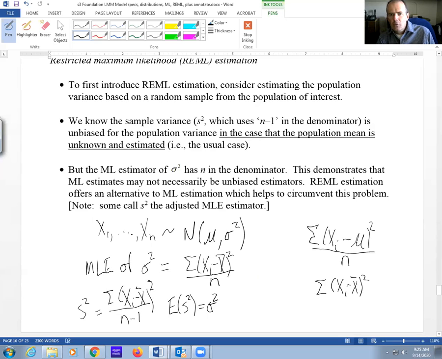It's because we don't know what it is, right? We don't know what that mean value is, and that's why we use x bar. But if you look at the difference between these quantities, xi minus mu quantity squared versus xi minus x bar quantity squared, what's the difference between those quantities? Which one's going to be bigger?